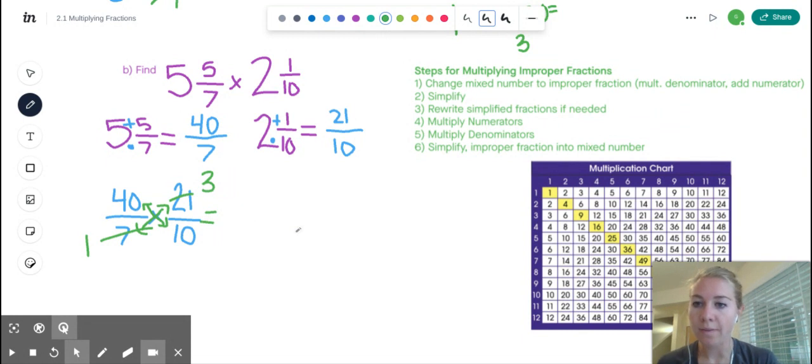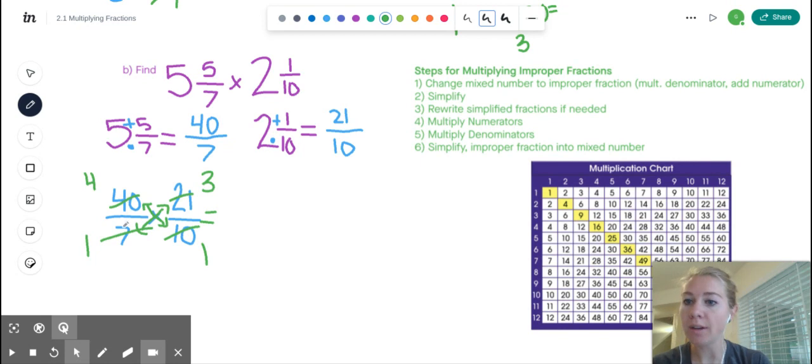Okay. And then let's look across at our 10 and 40. Let's look at our multiples of 10. 10 goes into 40 4 times. So our 40 becomes a 4. And our 10 becomes a 1. Okay. Step 3 says to rewrite simplified fractions.